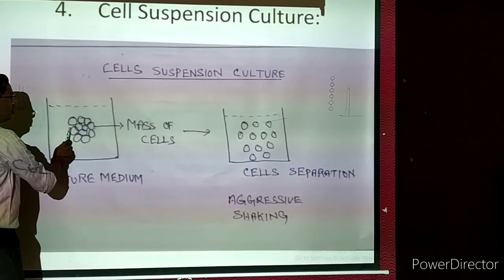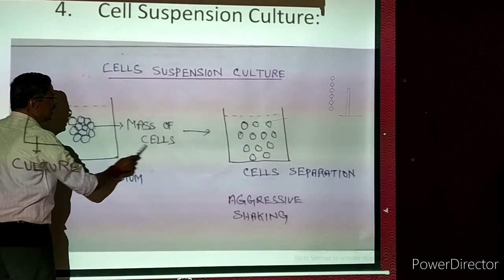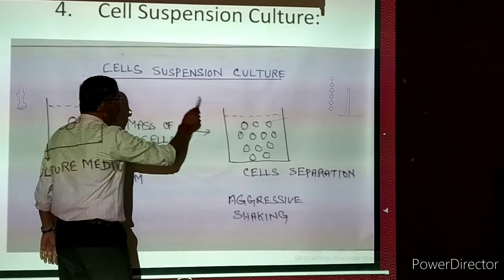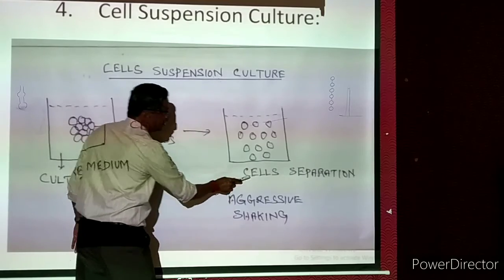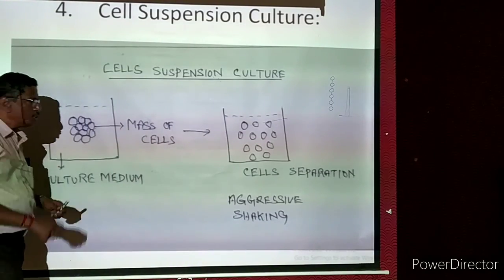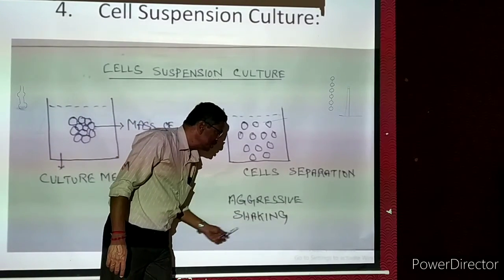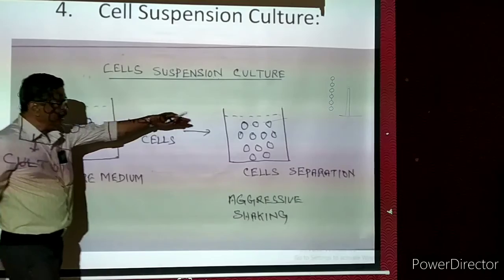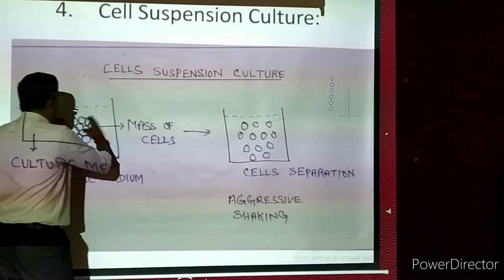So what we actually have to do is, in the culture medium we take that mass of cells. After some time, after applying the technique, the cells are completely separated. How is it happening? In the laboratory, there is an equipment which is called an aggressive shaker. Once the liquid is kept in that machine, it shakes aggressively, making the cells separate.